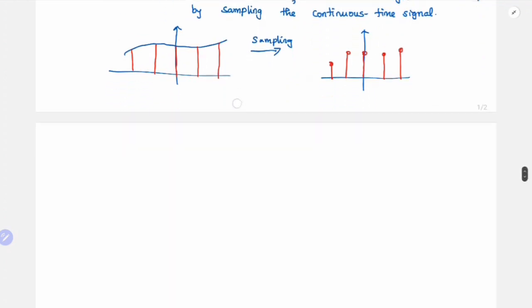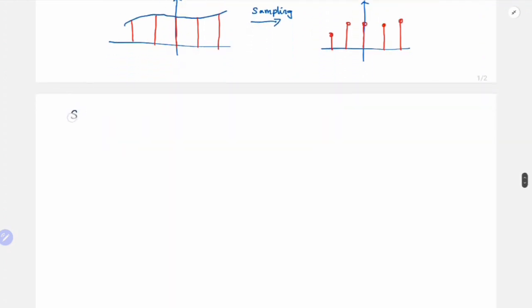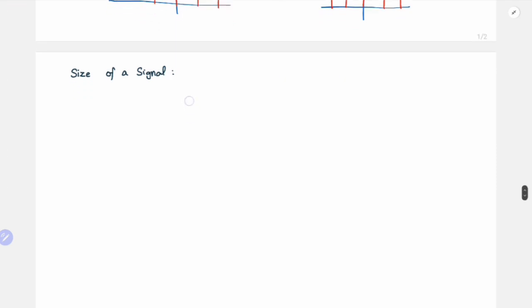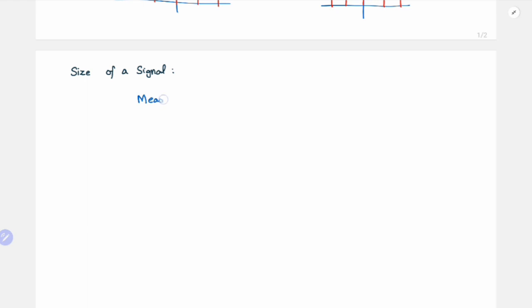Okay, so now we'll see about the size of a signal. This we saw earlier as well. So what is the size of a signal? It is the measure of strength and largeness of a signal.